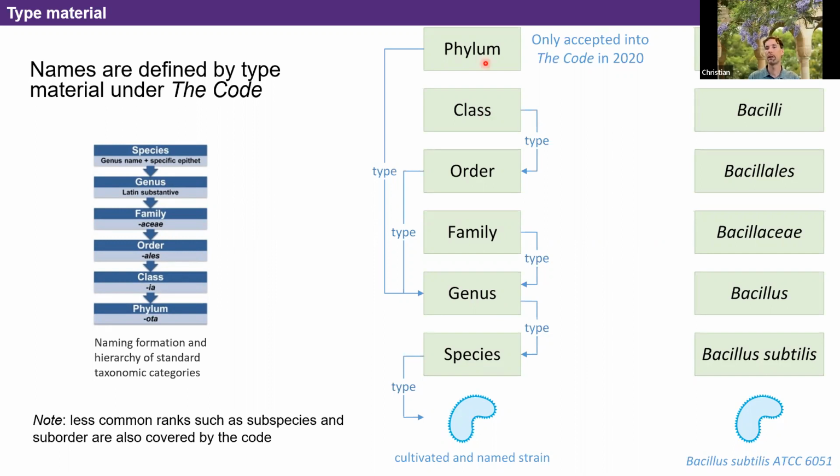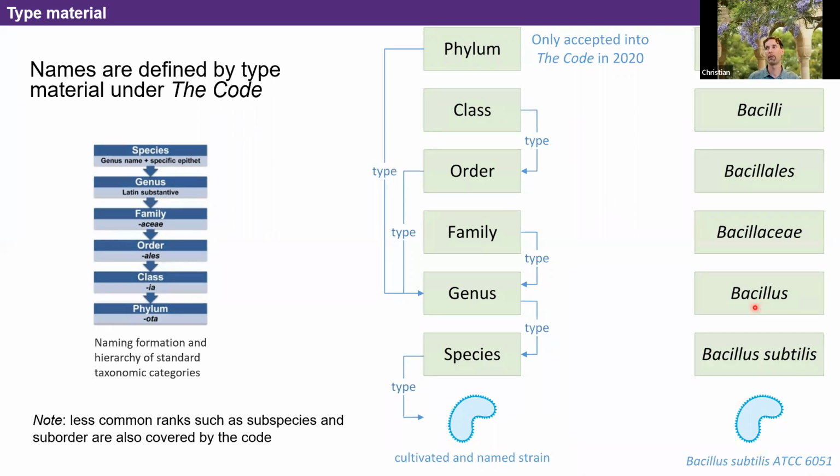Okay, let's look at one example here. That is Bacillus subtilis. So we know in this case Bacillus subtilis ATCC 6051 is our type strain. So then we know what the species is and also what the genus is.